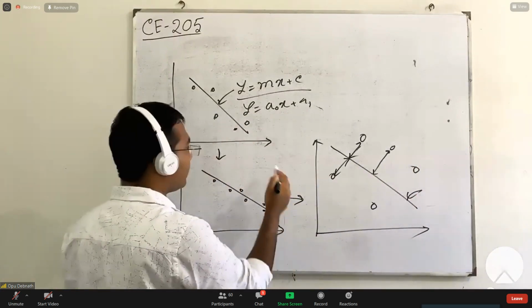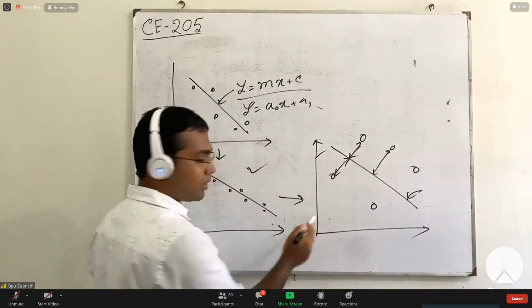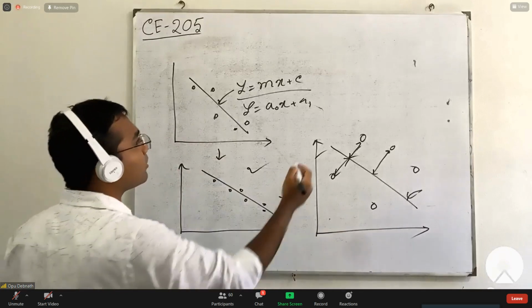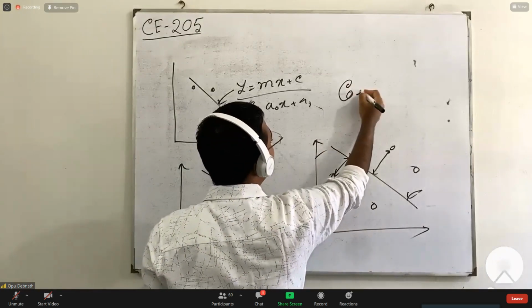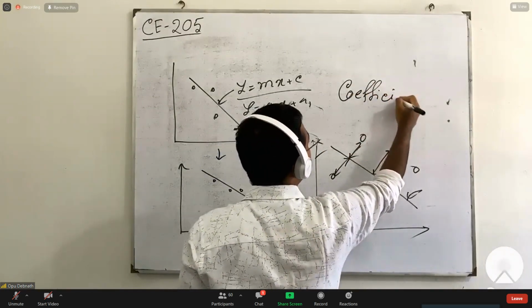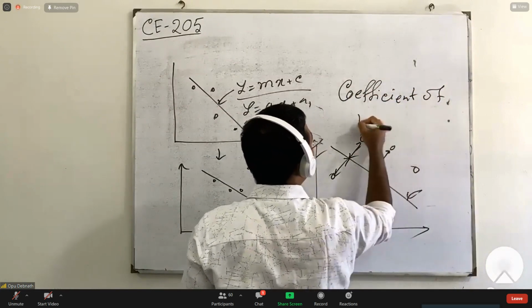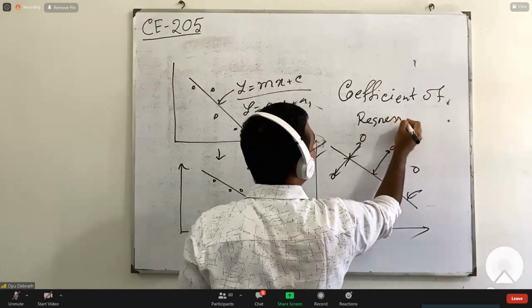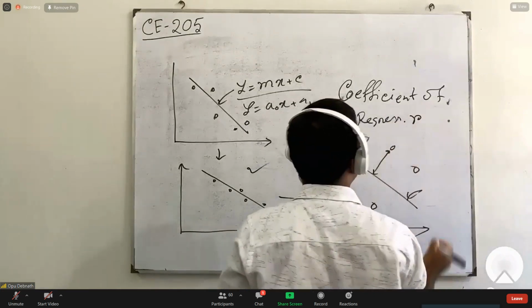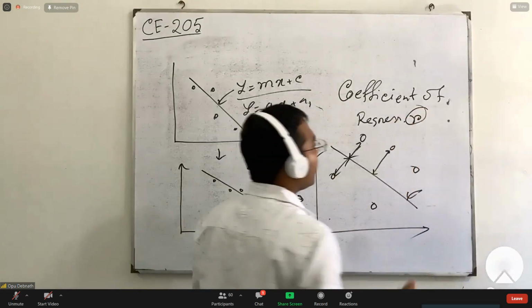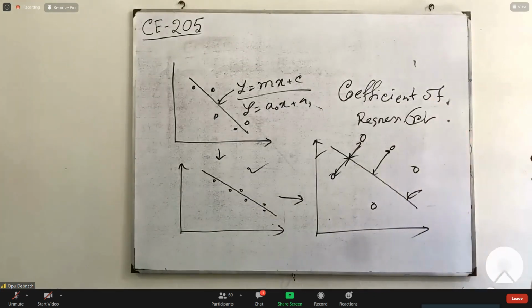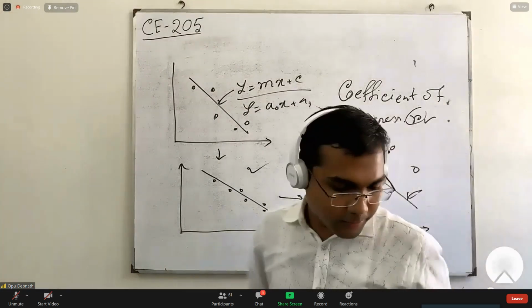So how would you determine the accuracy of these two graphs? For that, we know the coefficient of regression, or precisely R. We also studied previously how to calculate R from the set of data.